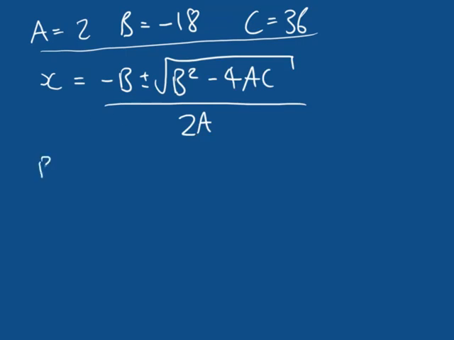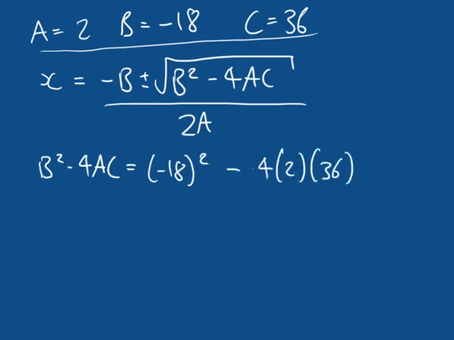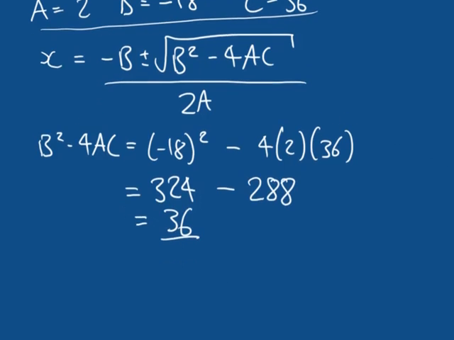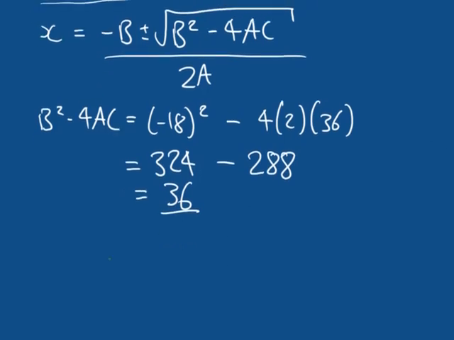So b squared minus 4ac is equal to minus 18 squared minus 4 times 2 times 36. Well, minus 18 squared is 324, minus 4 times 2 is 8, times 36 is 288. So 324 minus 288 is 36. This is positive, therefore the line does intersect the circle, and there are 2 points of intersection. So the next part of the question was to find those points of intersection.